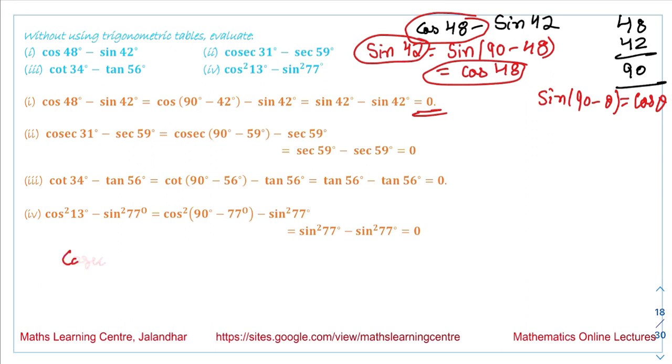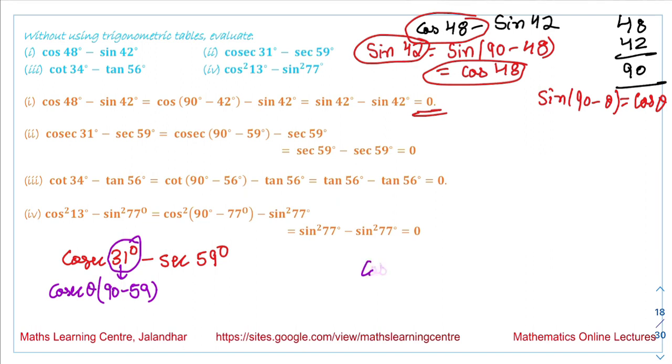Similarly, for the next, it is cosecant 31 degrees minus secant 59 degrees. In place of 31, we can write 90 minus 59. Now the formula we have is cosecant of 90 minus theta is equal to secant theta.